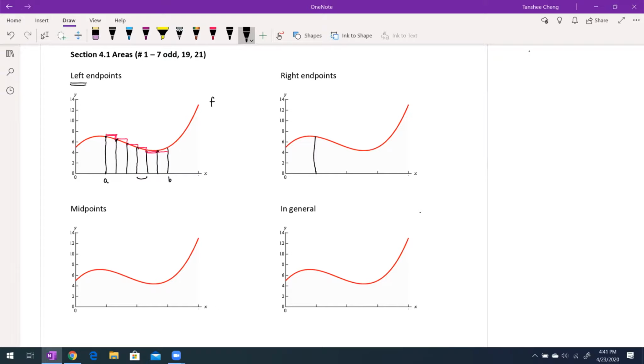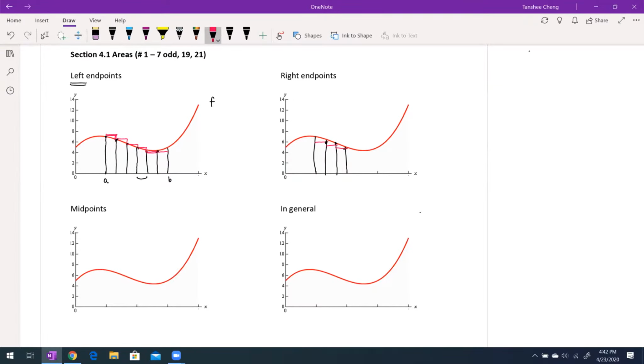So if you take a look at this, for the first three rectangles, for the right endpoint, this will be the first initial point that I'm going to use to evaluate the same first rectangle. And if I'm using the right endpoint, it'll be right here.